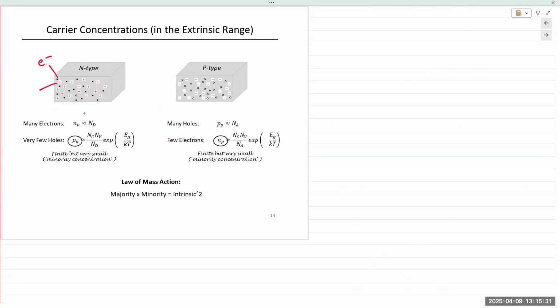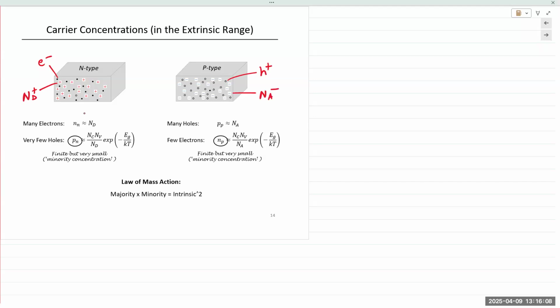Nd plus, because they donated an electron, they have an extra positive charge. So the black dots that you see are basically the charge carriers, and the tiny squares are basically the atoms. Okay, so you have electrons and you have Nd plus in there. And here on this side, you have holes, and you have acceptor atoms or ionized acceptor atoms, which are negatively charged. Okay, so excess of holes on one side, excess of electrons on the other side.